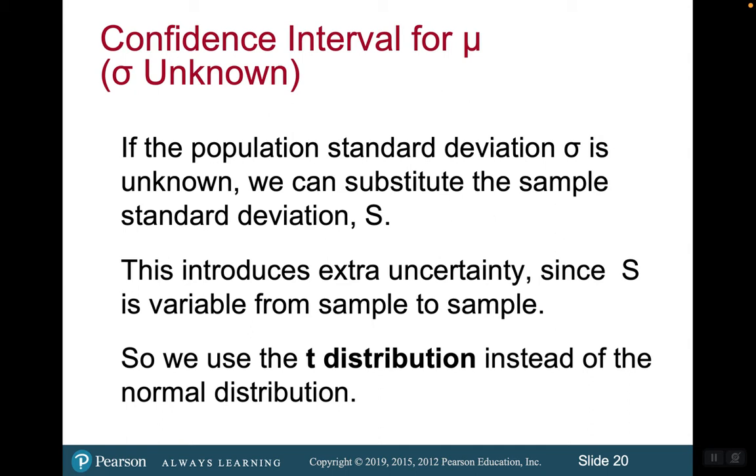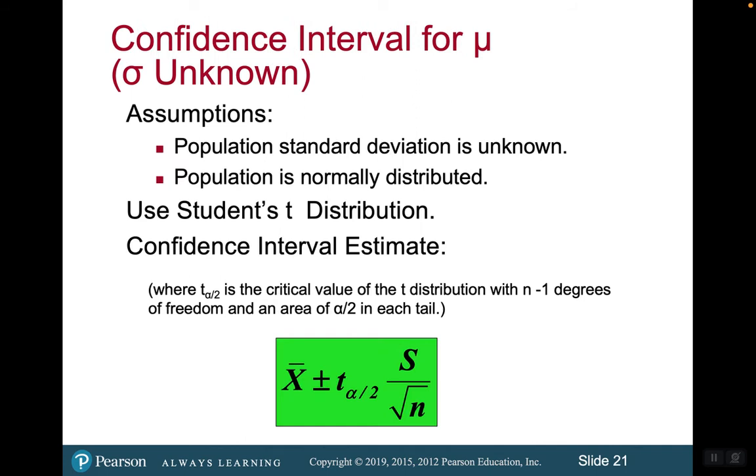So to compensate for that, we're going to use something we call a t-distribution instead of the normal distribution, which allows us to compensate for this. In this scenario, we don't know the population standard deviation, and the data in the population is normally distributed.